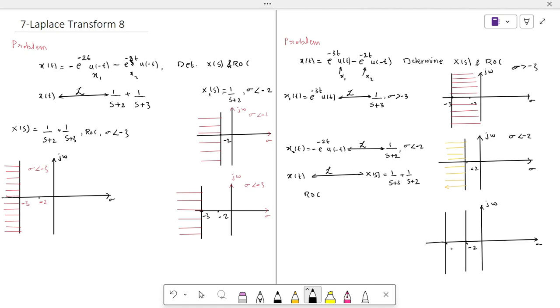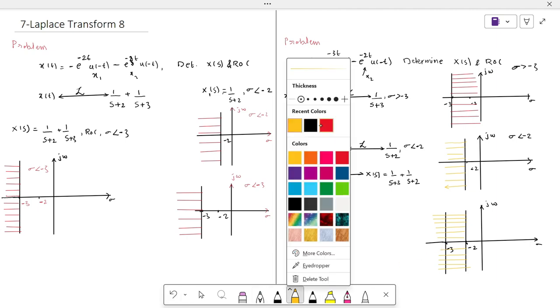This is -2. This is -3. So first, sigma less than -2. Next one, sigma greater than minus 3.